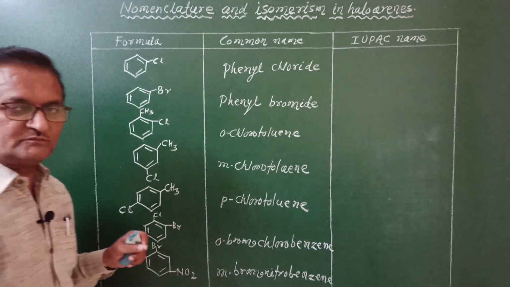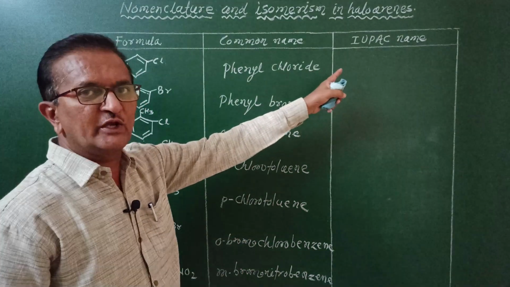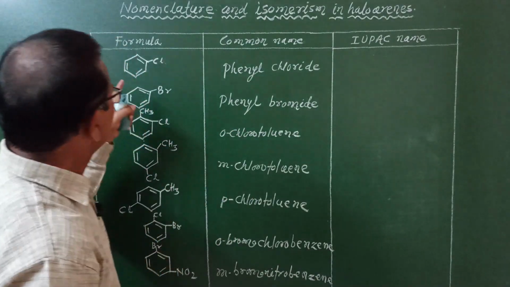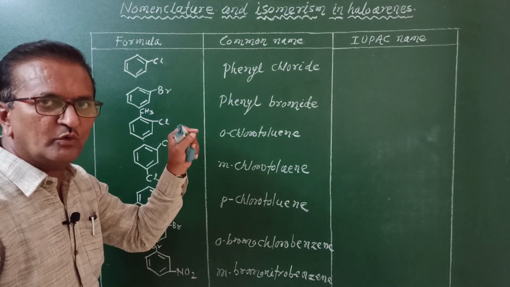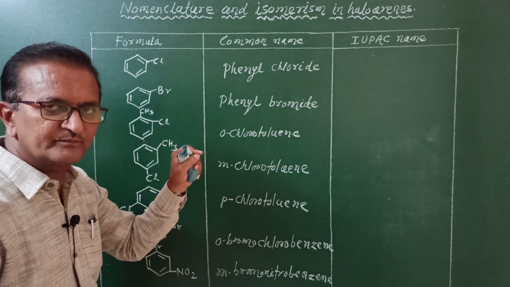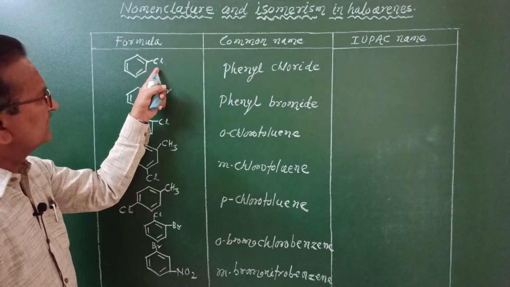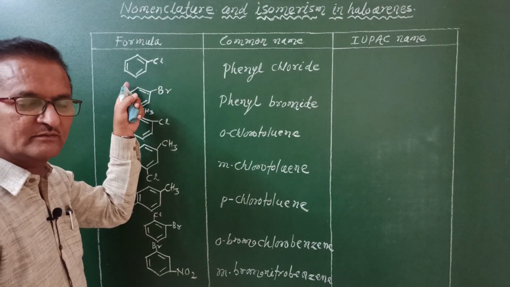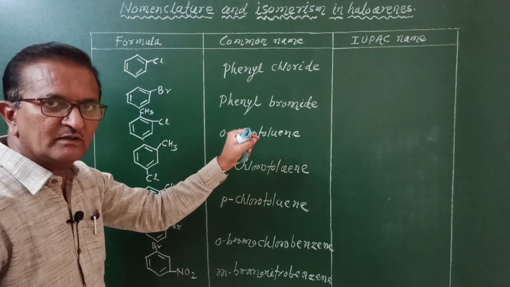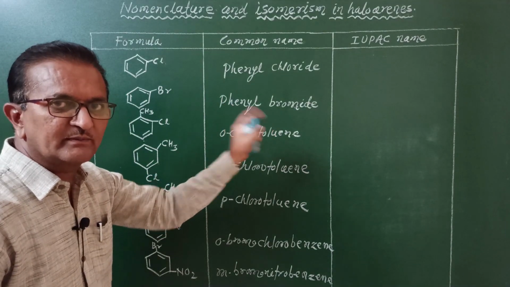Now, what is next? How to write IUPAC names? To write the IUPAC name of monohaloarene, the name of the halogen atom bonded to the benzene ring is used as a prefix name.